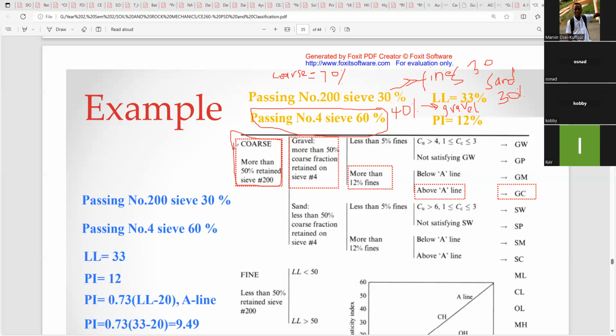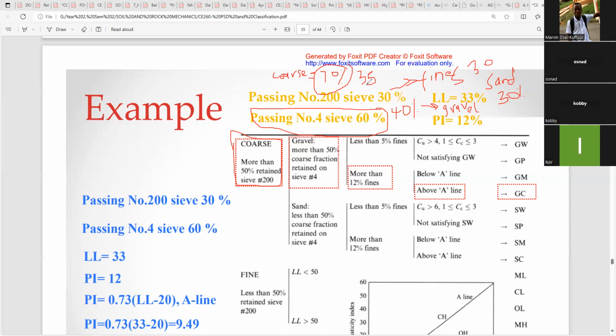Thank you very much. So here we choose gravel because when you take half of the coarse fraction, you get 35, and gravel is greater than that.